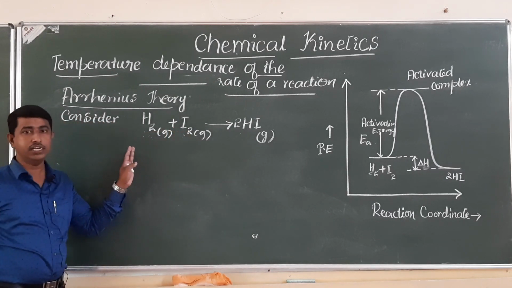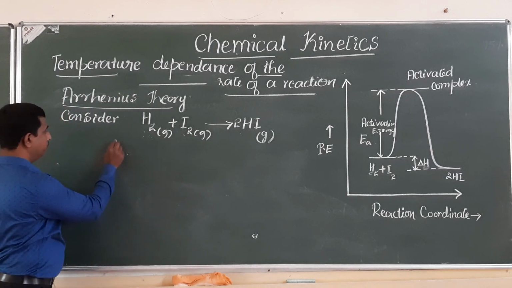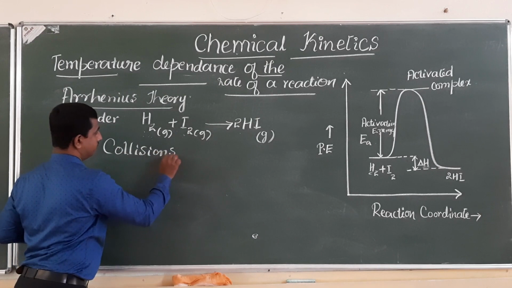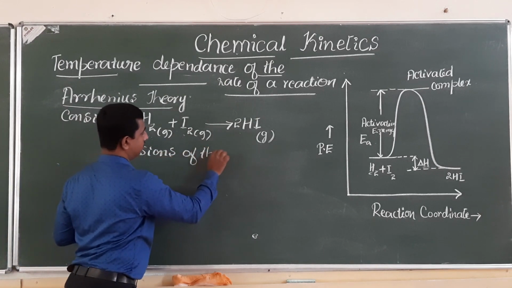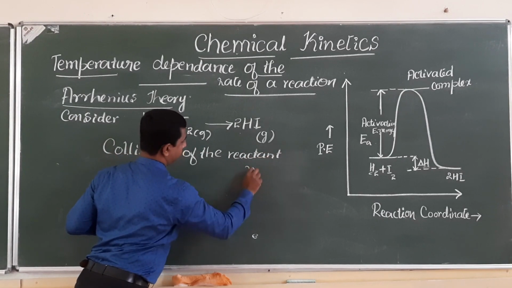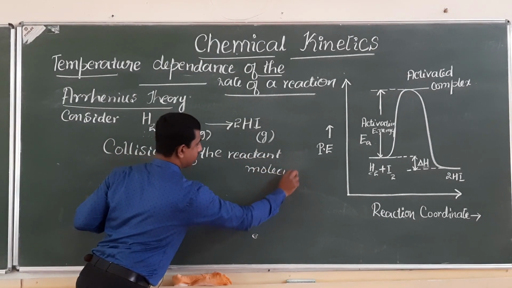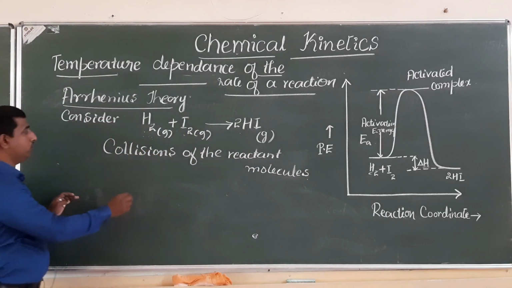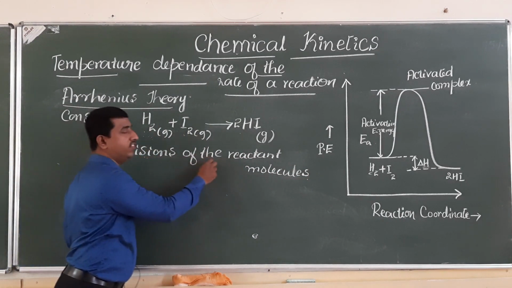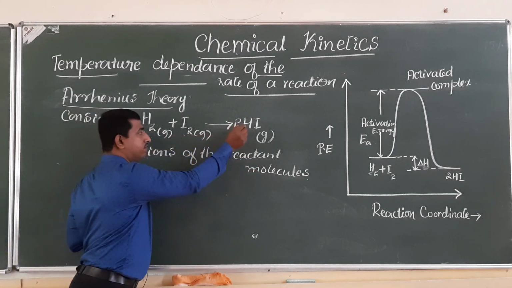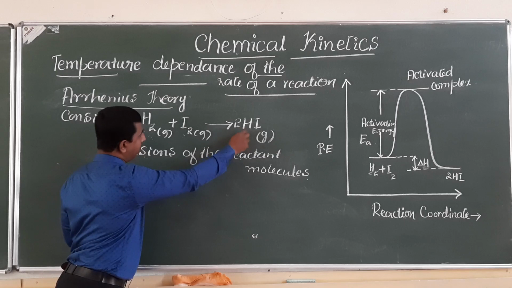So, chemical reaction is due to what? It is due to collisions of the reactant molecules, that is formation of hydrogen iodide.